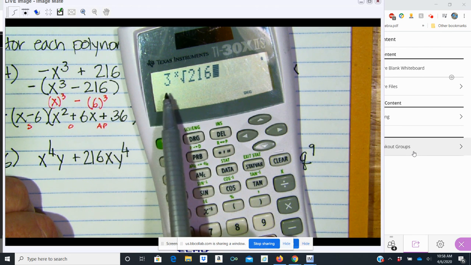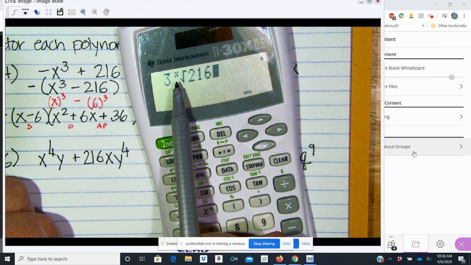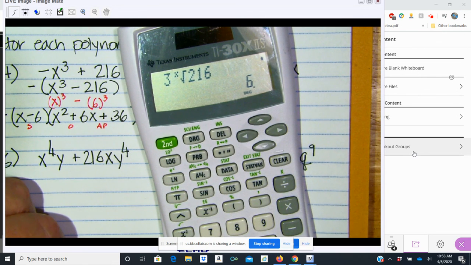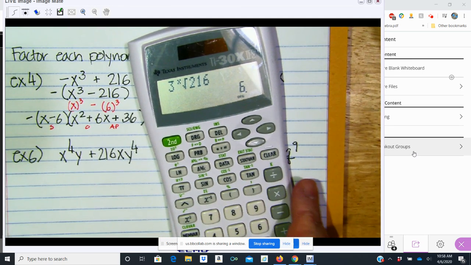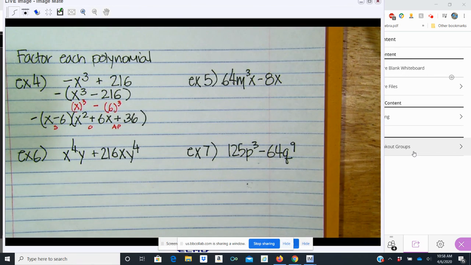That 3 tells my calculator I'm looking for the cube root of 216. Okay? All right.